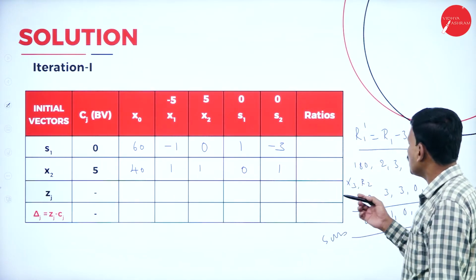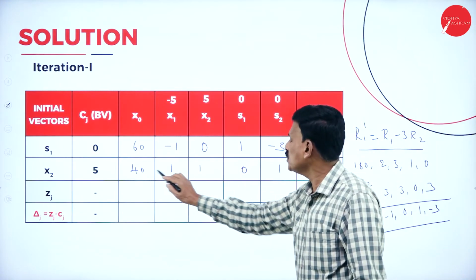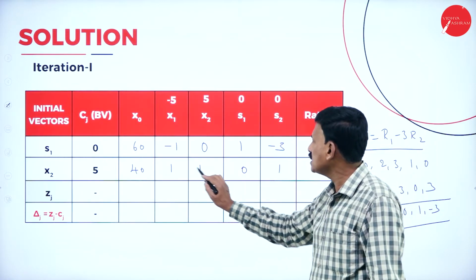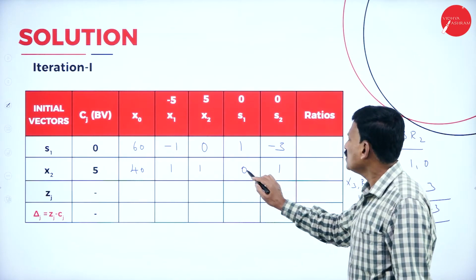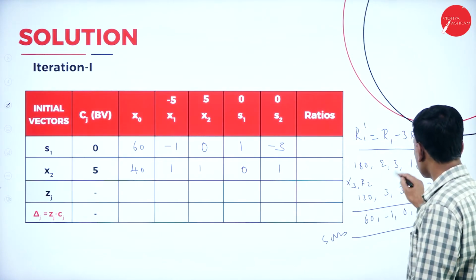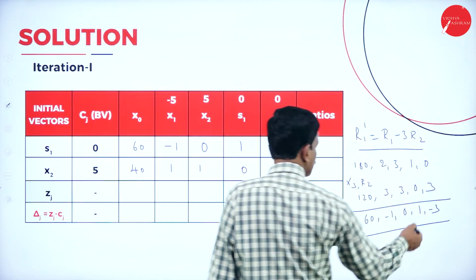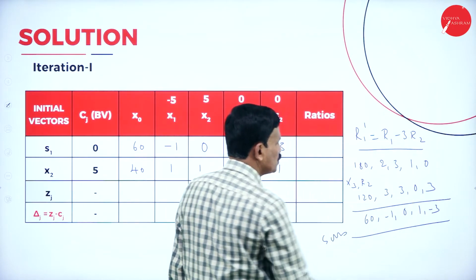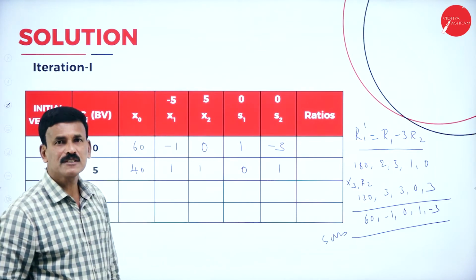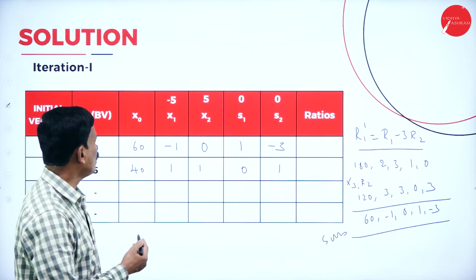Multiply with 3. 40 into 3 is 120, 3 into 1 is 3, 1 into 3 is 3, 3 into 0 is 0, 3 into 1 is 3. Subtract this: 180 minus 120 is 60, 2 minus 3 is minus 1, 3 minus 3 is 0, 1 minus 0 is 1 and 0 minus 3 is minus 3. Okay. So these are the values.